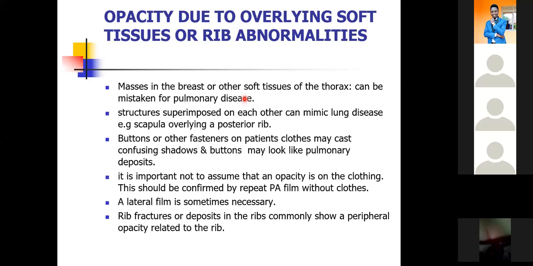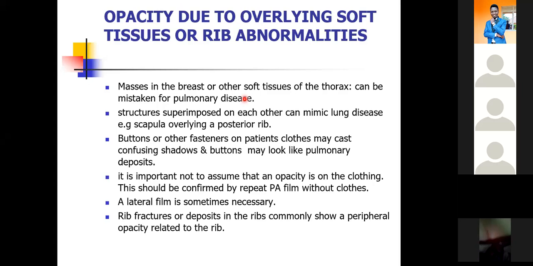We may still have many other things going on. For example, structures superimposed on each other can also mimic lung disease. For example, an area where the scapula is lying and there is also a rib traversing the same area can mimic a disease process going on in the lungs when actually there is nothing.